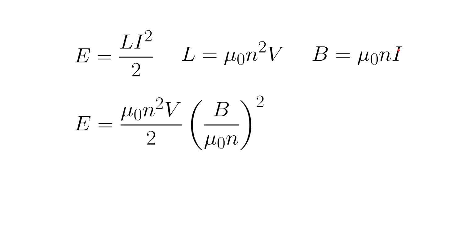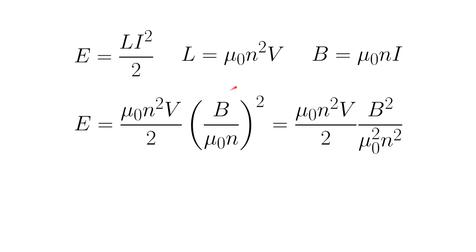So if we put the expression for the inductance instead of L, and B over mu0 n instead of the current, we can do further operations here. We can take the brackets and square each term.